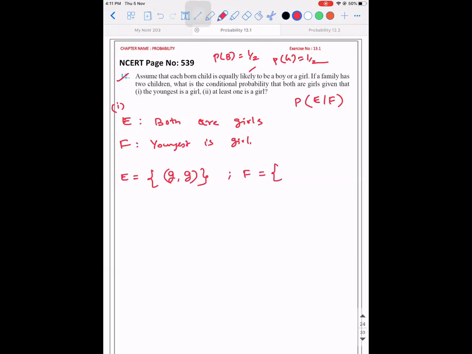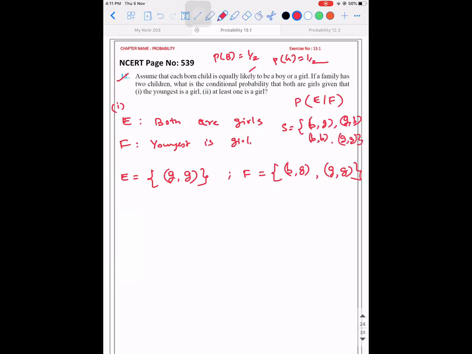Youngest means the second one. So boy, girl, then girl, girl. These are the only 2 scenarios. But if you write the sample space, BB, BG, GB, GG, you will have 4 elements, right?